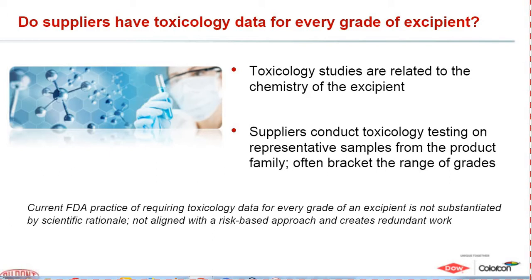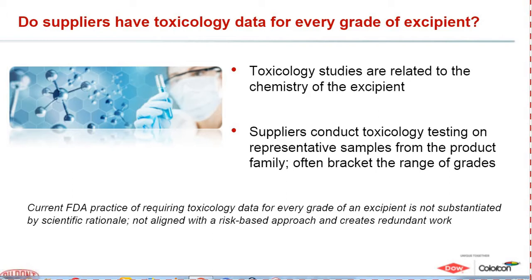Do suppliers have that type of information? Actually, we don't. The toxicology studies are related to the chemistry of the excipient. Tox studies are not done by the suppliers based on their intended use in specific routes of administration or dosage forms. As a supplier, we conduct toxicology testing on representative samples within the product family that bracket the range of grades.